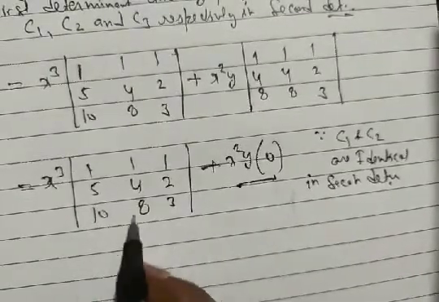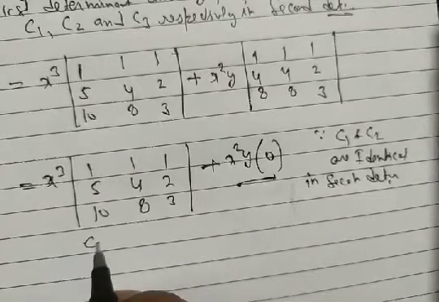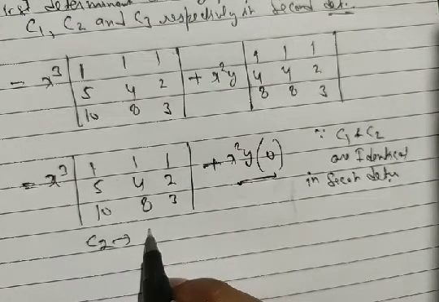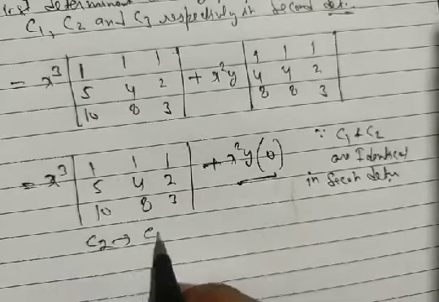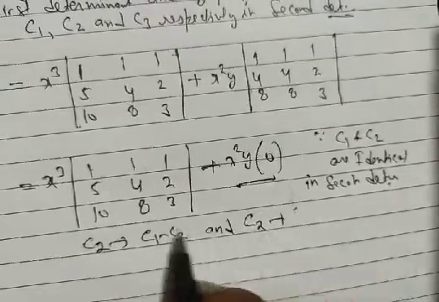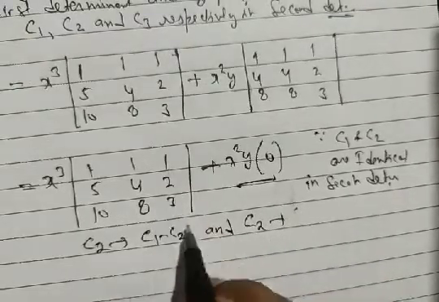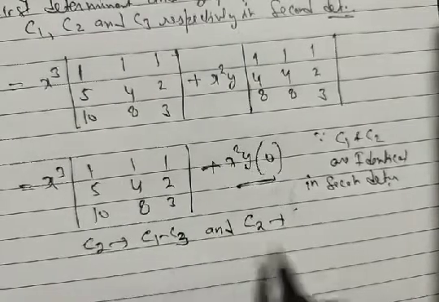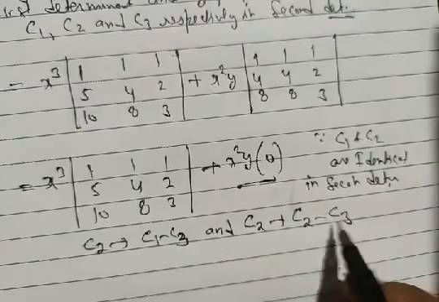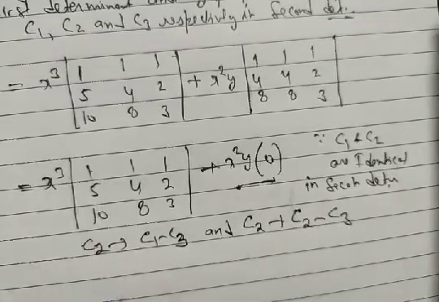We are just going to apply a change in C1 and C2: C1 changes to C1 minus C3, and C2 changes to C2 minus C3. We are going to make these two zeros.